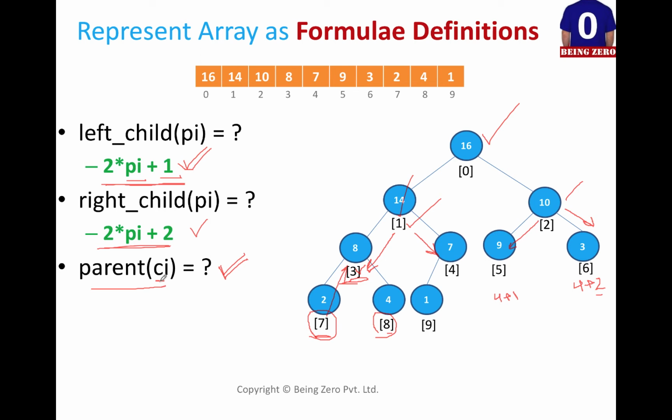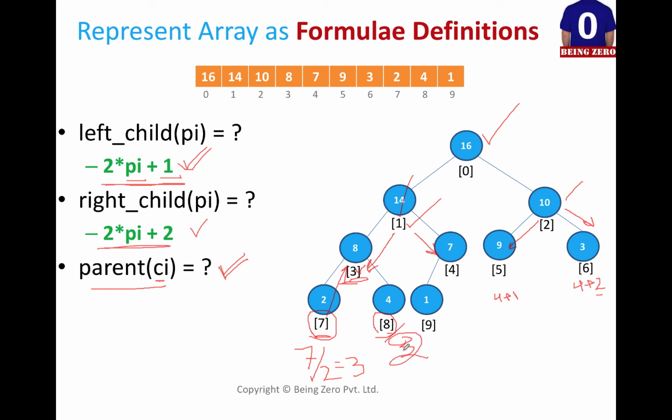Well, I think you have spent some time and you have your answer ready. So now from 7 we want to get 3, and from 8 we want to get 3 as well. Previously we multiplied by 2, so let's try to divide by 2. 7 divided by 2, this is integer division, integer divided by integer, 2 threes are 6, gives us the answer 3. So for the left child the answer is valid: if we divide the left child by 2, the answer is the parent.